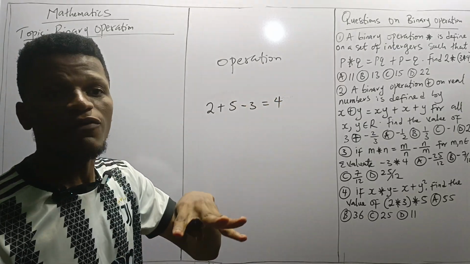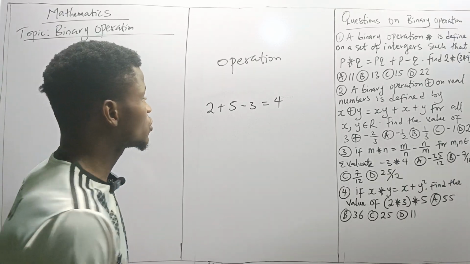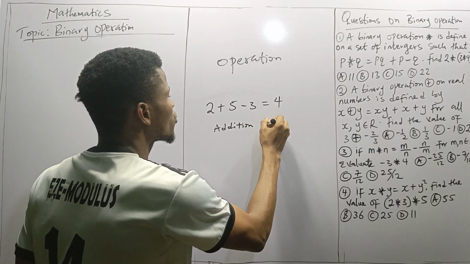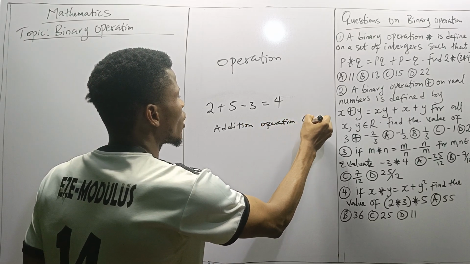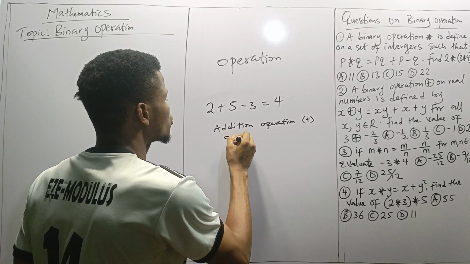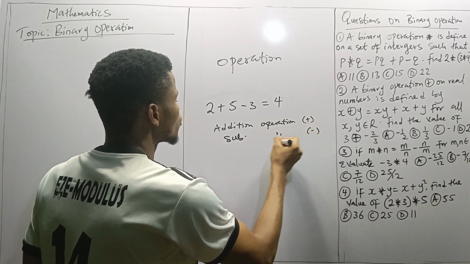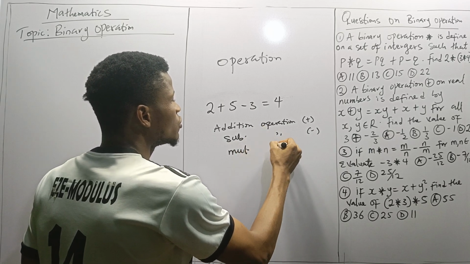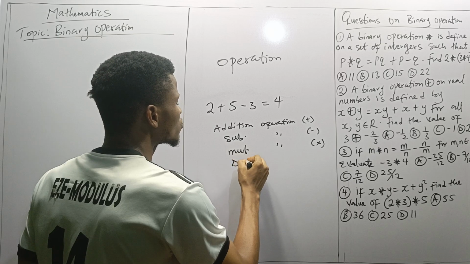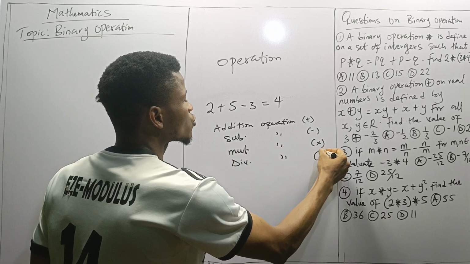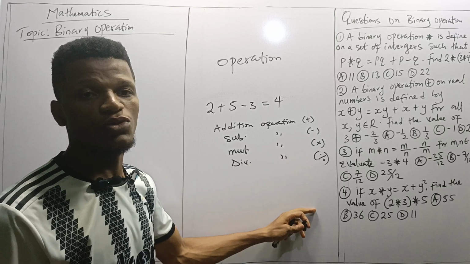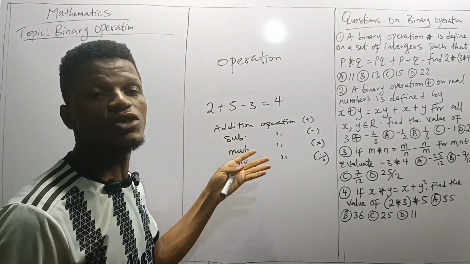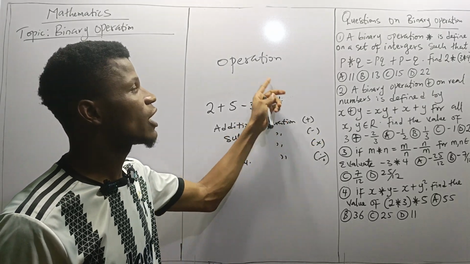In mathematics, under O level, we have four basic operations: addition, which is plus, subtraction, multiplication, and division. All these are operations, which can also be called operators. They are used in combining numbers or elements of a given non-empty set to form a particular element.